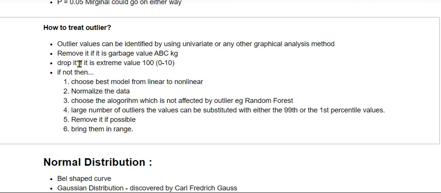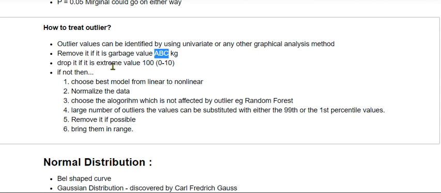Okay. Now in certain cases the outliers are garbage values. Suppose in a weight column the weight is given in numbers, but in certain cases there is something like ABCKG; this is garbage, and you can drop that.